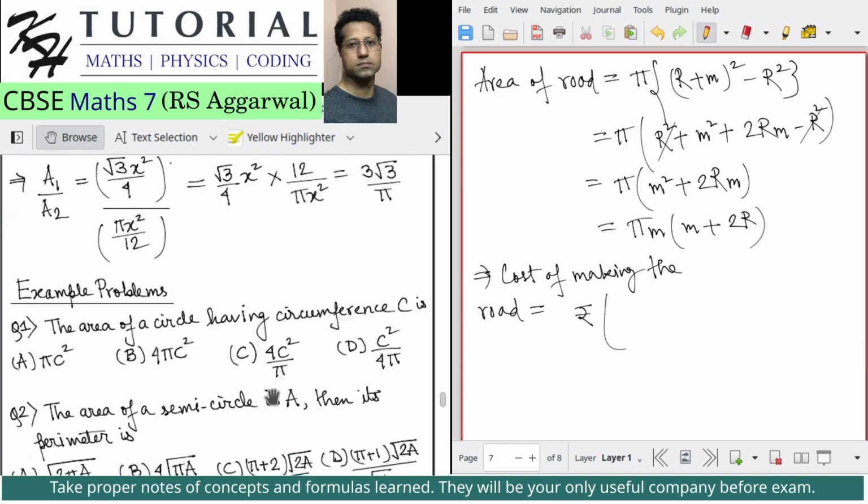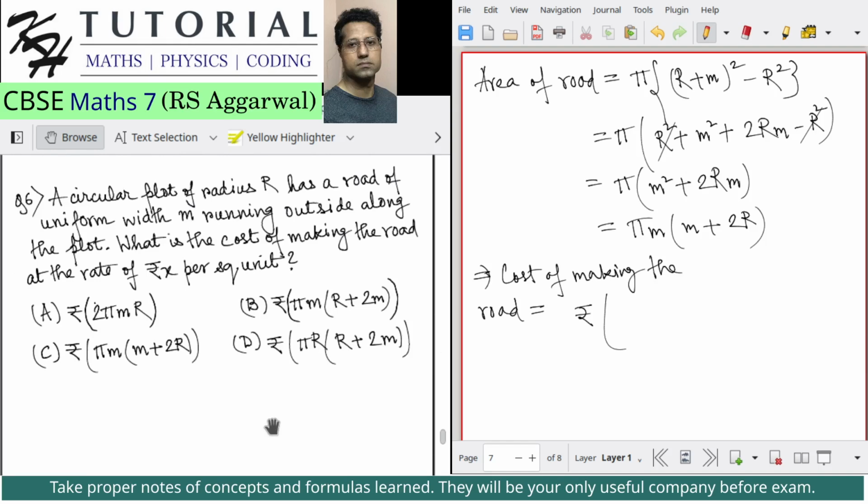The rate of making the road is given to be rupees x per square unit, and the area of the road is pi m into (m plus twice R), this much square units. Okay, so now the cost of making the road will be area multiplied by the rate per square unit, and the area is pi m multiplied by (m plus twice R). This is the area, and the rate was x.